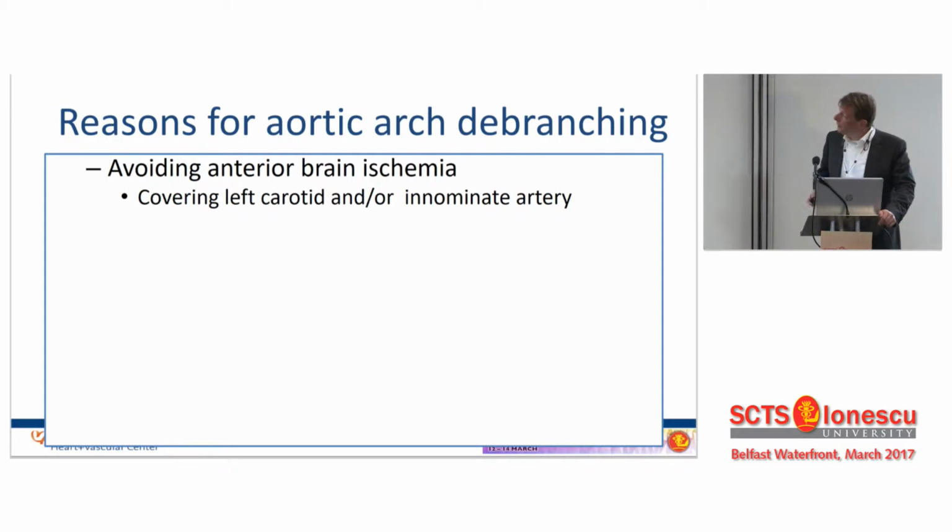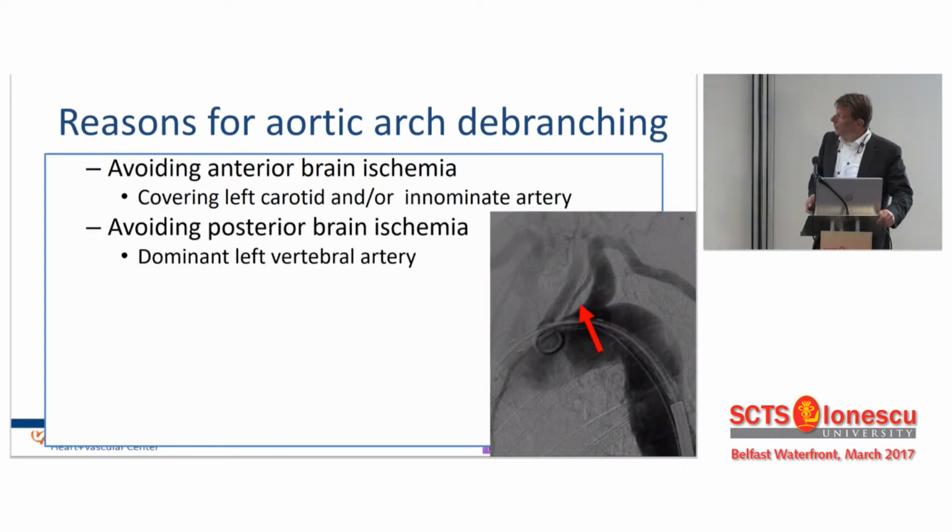And here there is a good reason for revascularizing the supra-aortic vessels. Of course, revascularizing the left and right carotid artery avoids brain ischemia, but also posterior brain ischemia is important. You have to look at whether there is a dominant left vertebral artery, and you have an extra problem where it arises directly from the aortic arch itself.